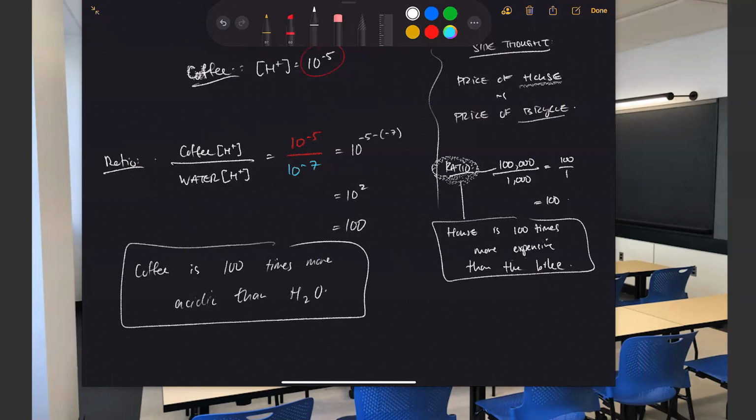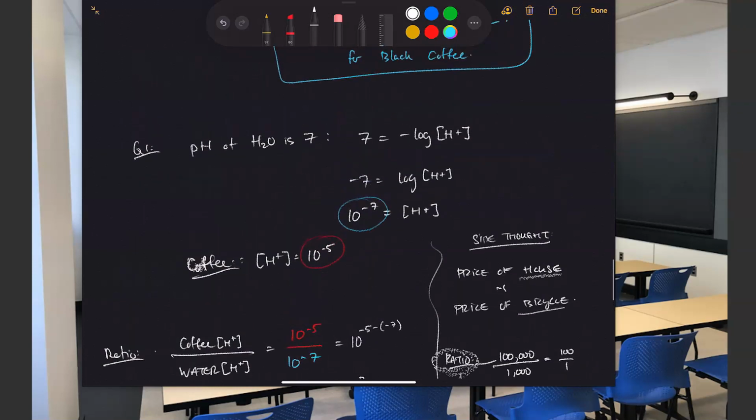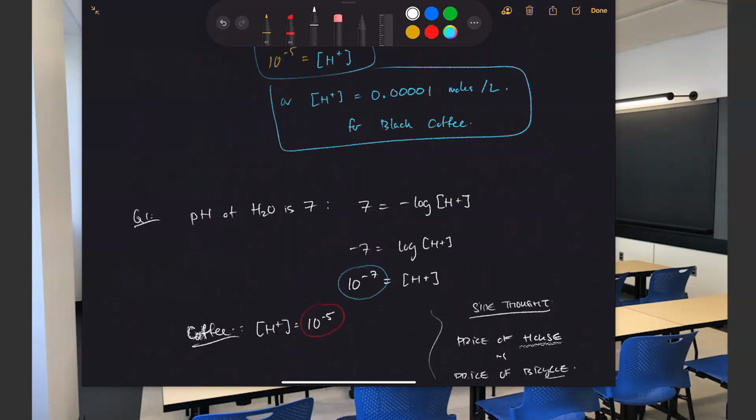As I sip on this coffee, that's a pretty crazy thing to consider. But all joking aside, this can be a method of comparison between the acidity of different substances, and their pHs don't have to be these whole numbers that I've given. It could be a pH of like 4.61 and 6.98.